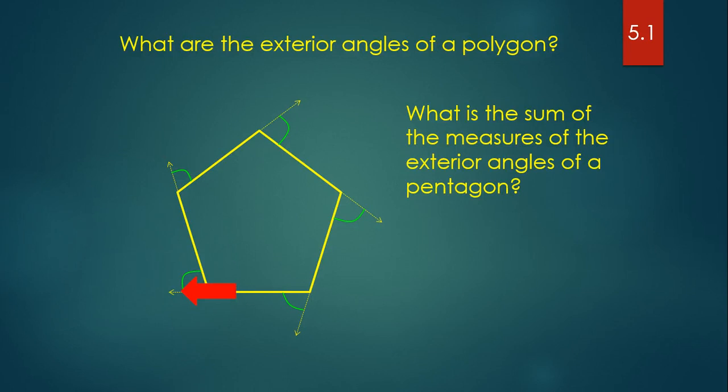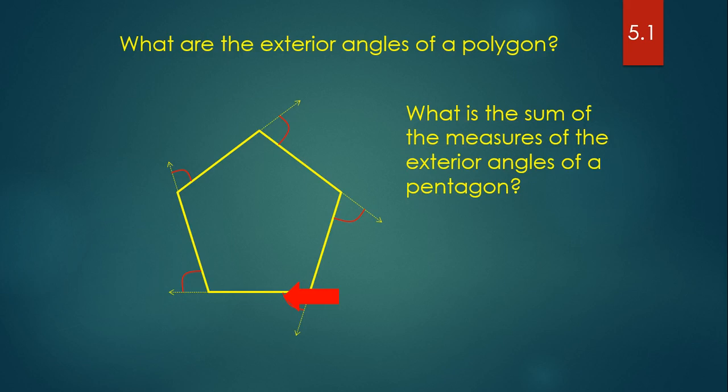So we'd walk to this vertex and we'd turn that amount, walk to this one and turn that amount, and we would continue to turn and turn and turn, and we'd be back to our original starting point.